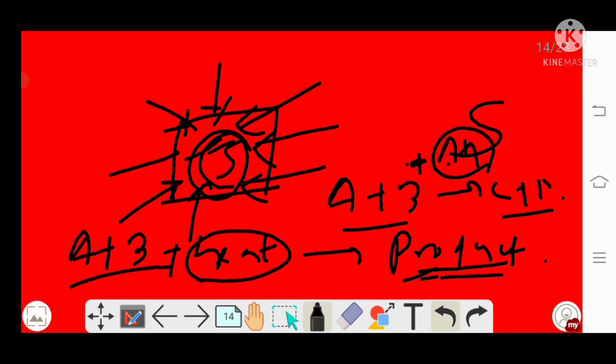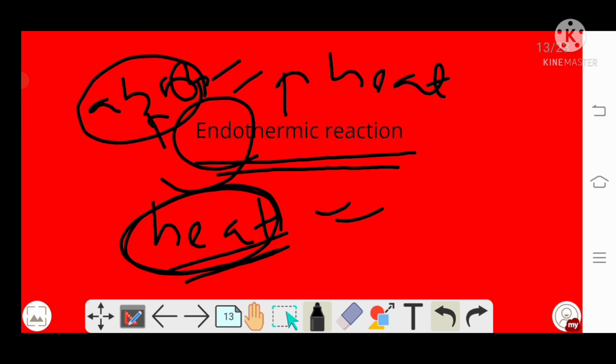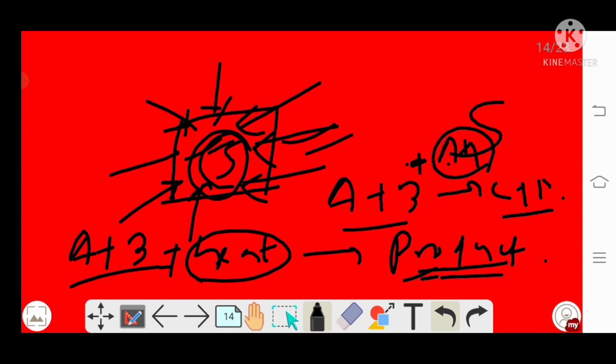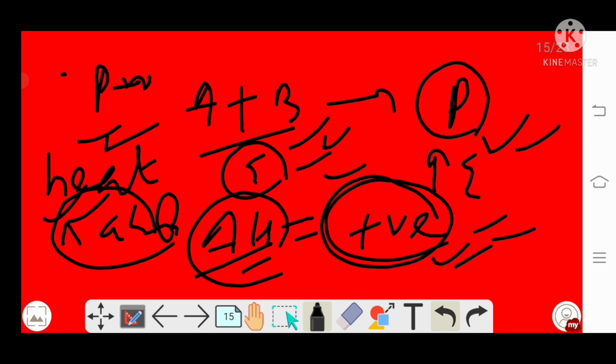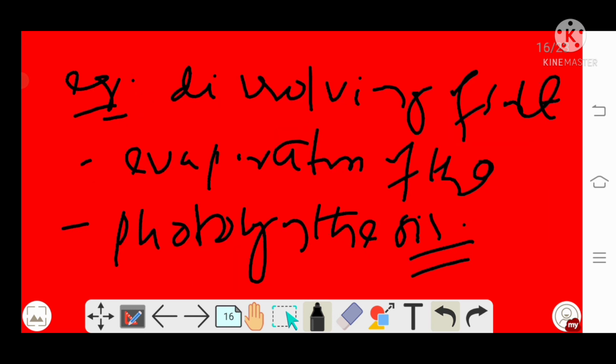Okay, what is an endothermic reaction? The reaction in which energy is absorbed by the system is called an endothermic reaction. In an endothermic reaction del H is positive, and the product has higher energy than that of the reactant.